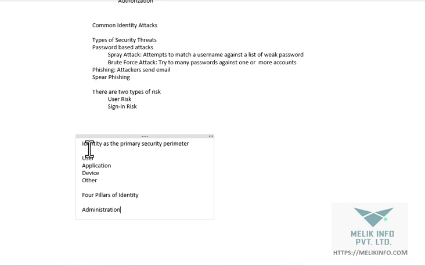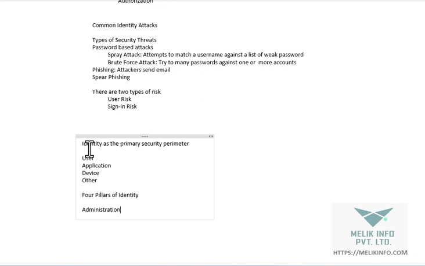You can create, update, modify, delete, restore, enable, and disable. So these are the actions related to administration.